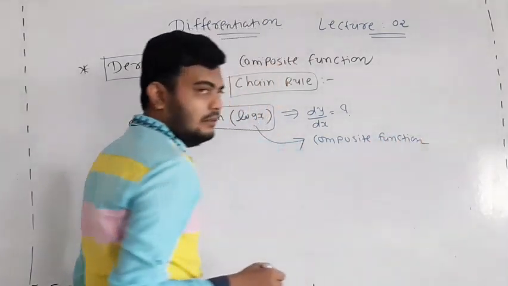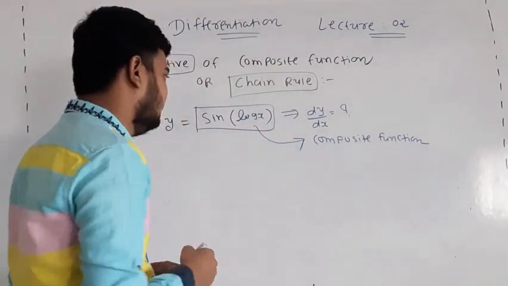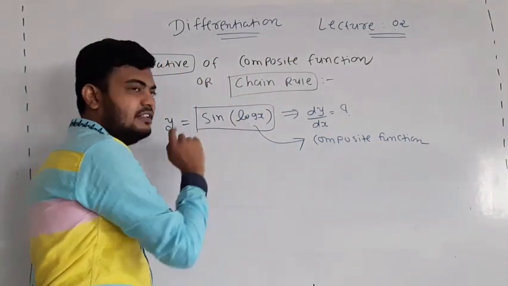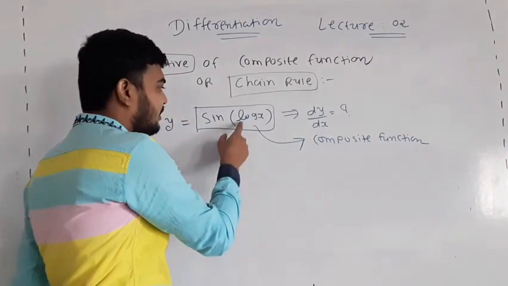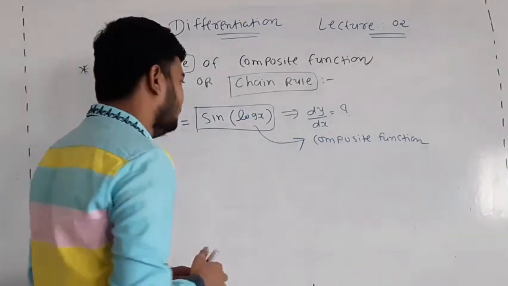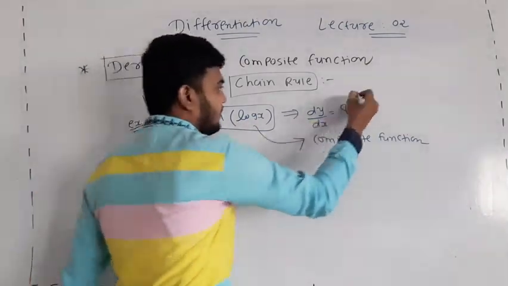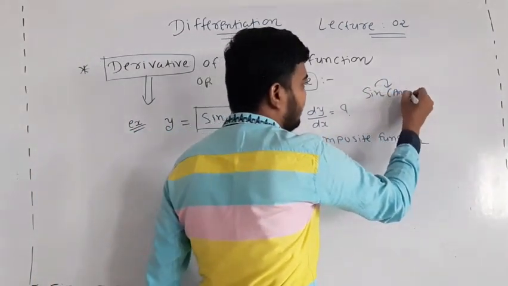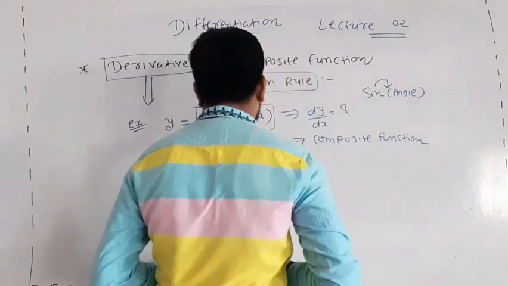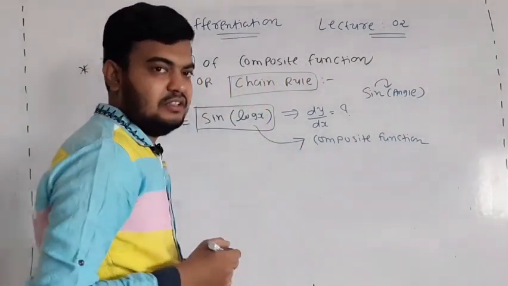Okay, it is the mix of two functions, logarithm and trigonometry. There is a logarithm function in the place of theta, because we know that the inner side of sine is the angle. Okay, so this is the composite function.